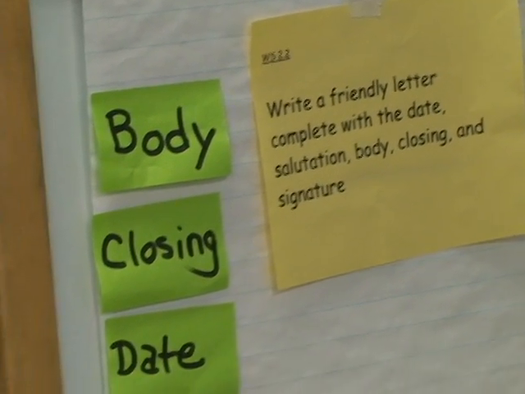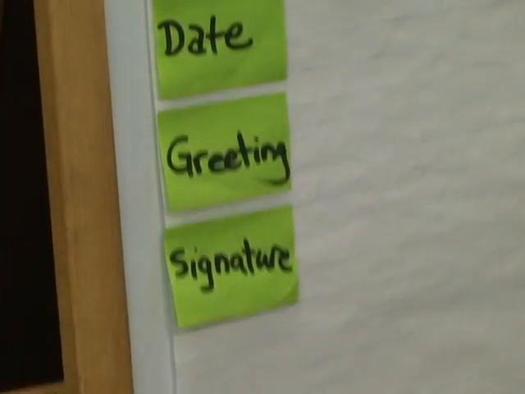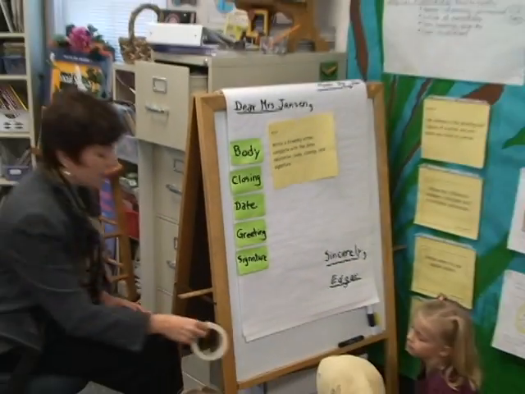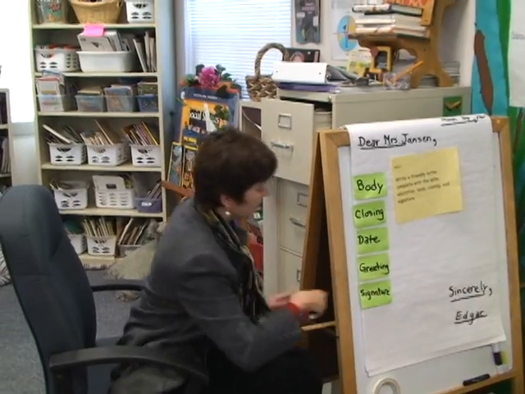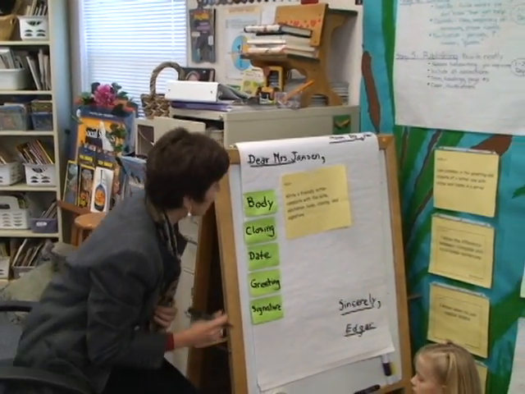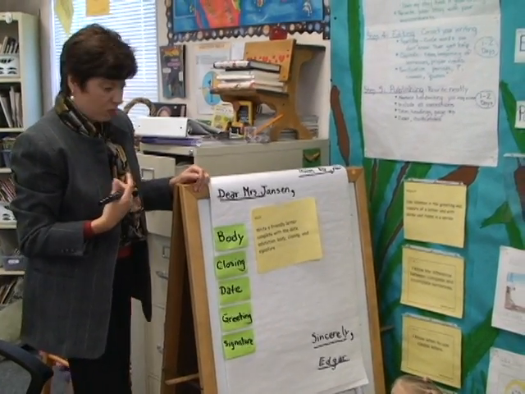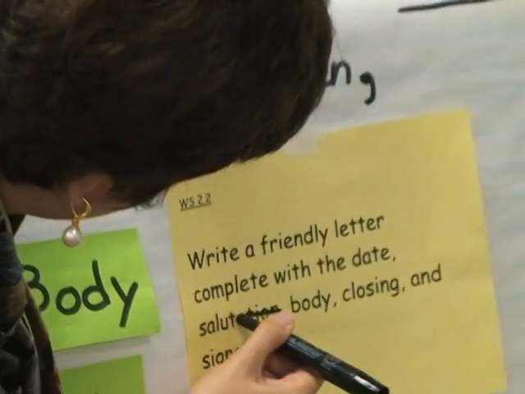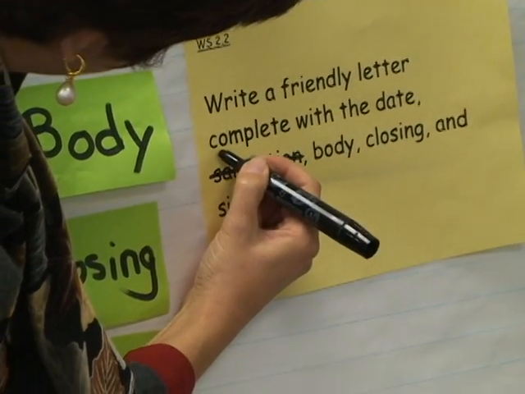And remember how we've been trying to use complete sentences? Yeah. And when we talk about standards, we're talking about things that we can do. So we're going to add some stuff to our standard that says that we can do this. So we're going to change salutation, and we're going to put greeting.